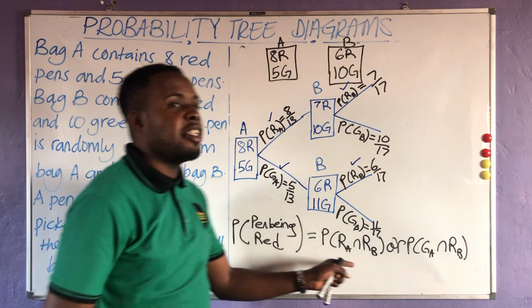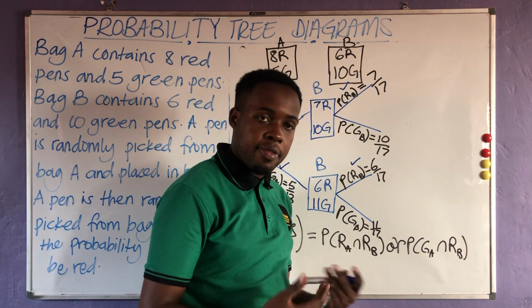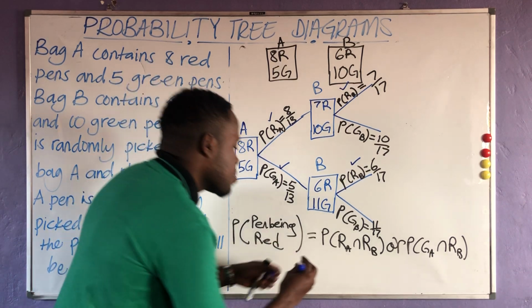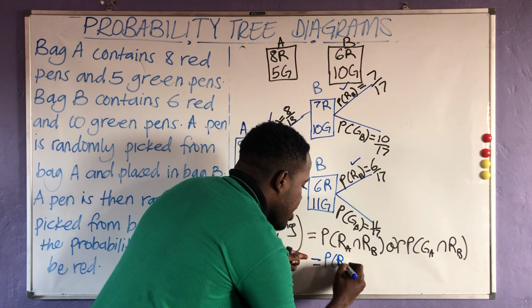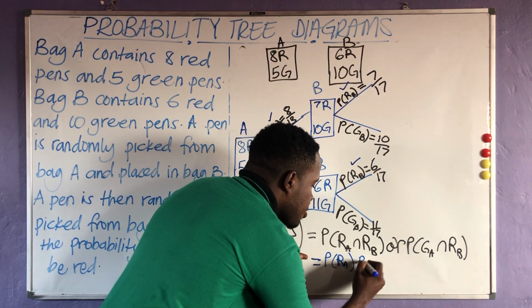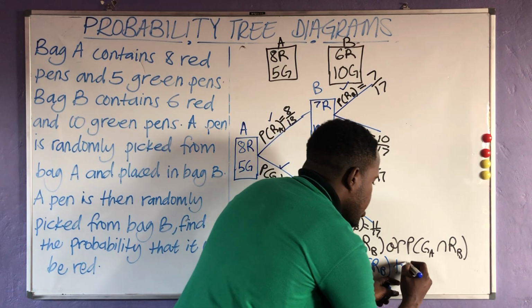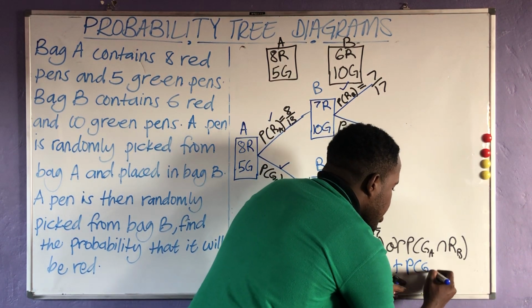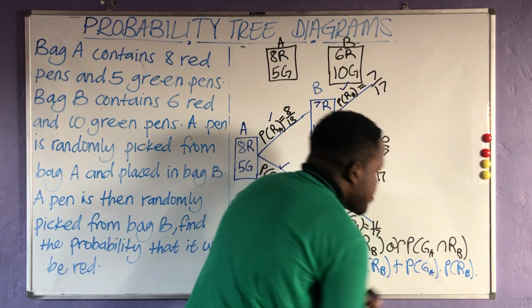So these events are independent. So since they're independent, their intersection is equivalent to their product. So this one is going to be equivalent to the probability of RA times the probability of RB, or stands for addition. So it's going to be the probability of GA times the probability of RB.